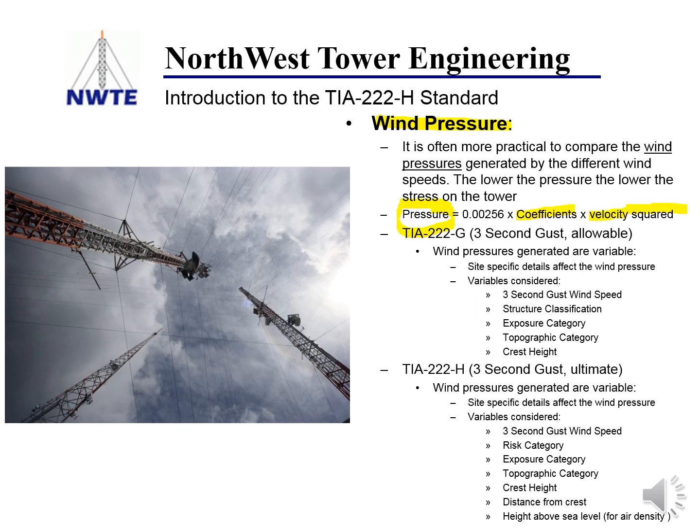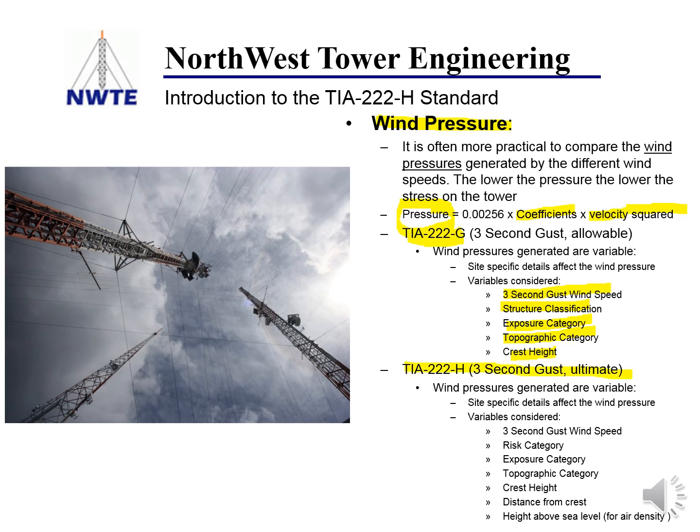So G standard, we had the wind speed, we had the structural classification, we had the exposure category and the topographic category plus the crest height. All those parameters multiplied out would end up giving us the wind pressure.